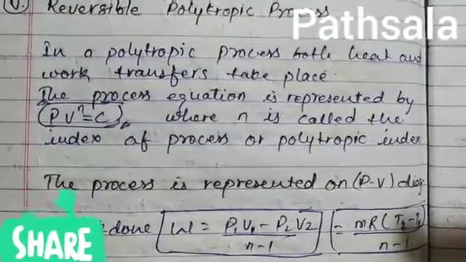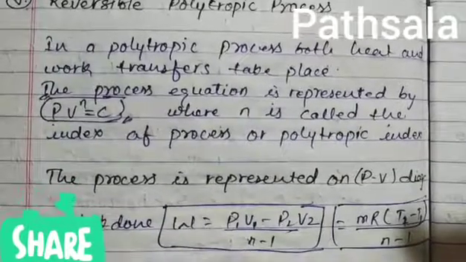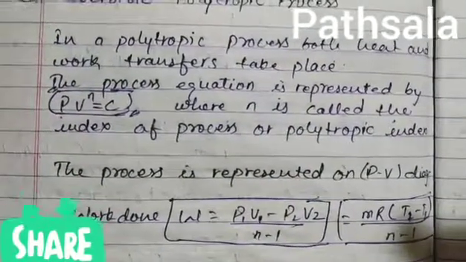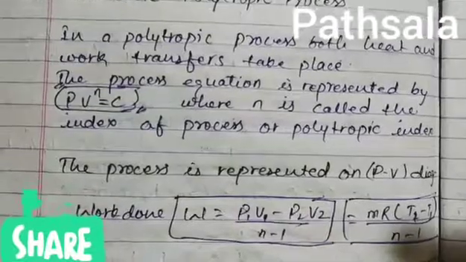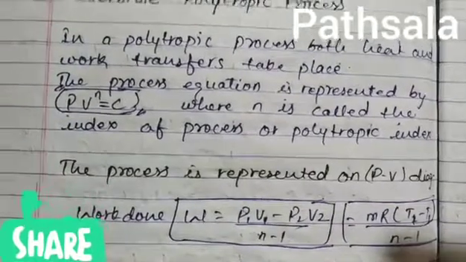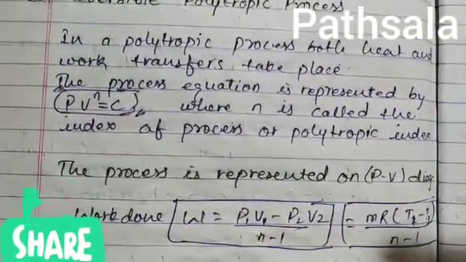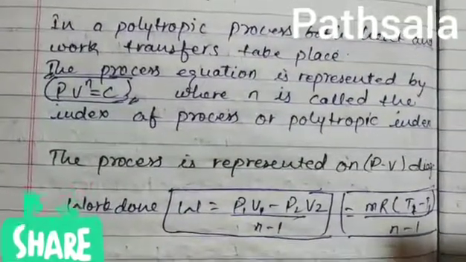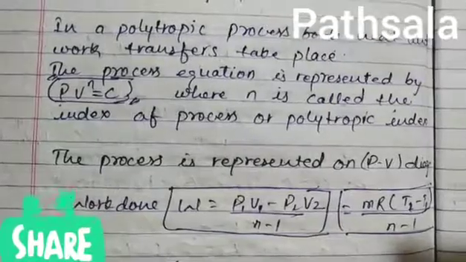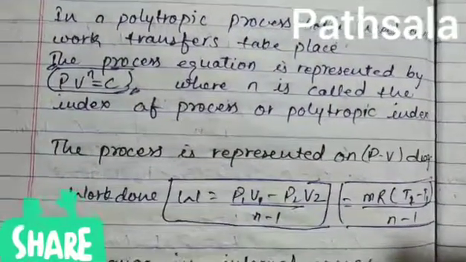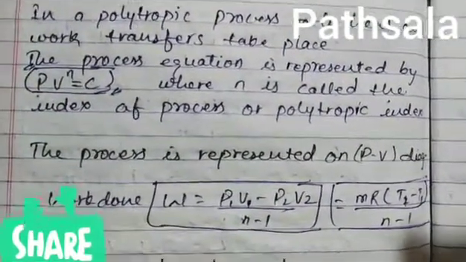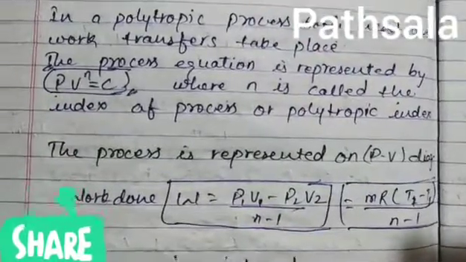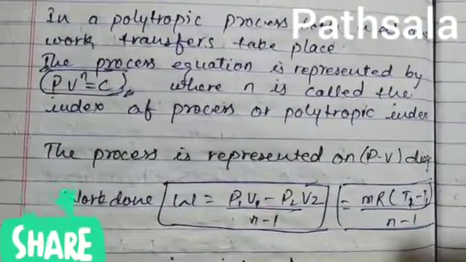Now, the reversible polytropic process. This process is similar to the adiabatic process, but here heat supply is not equal to 0. In the polytropic process, both heat and work transfer take place, but in the adiabatic process, work transfer takes place but heat transfer doesn't take place.